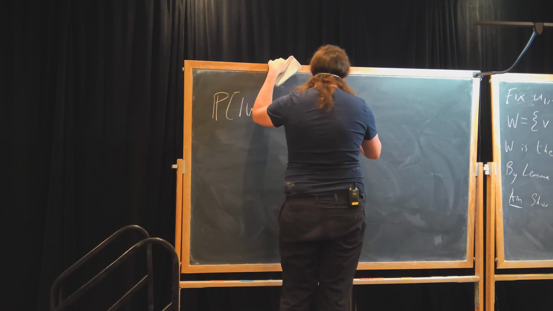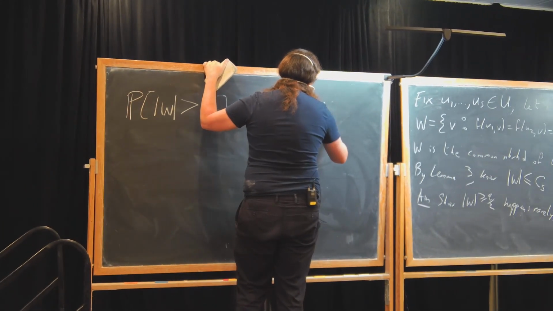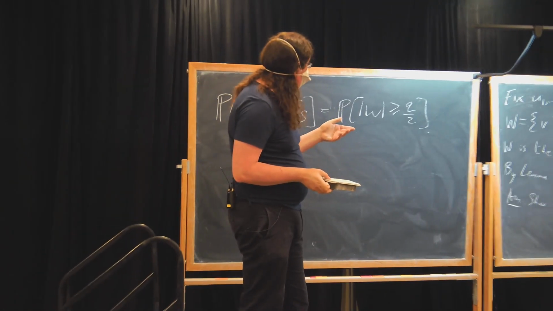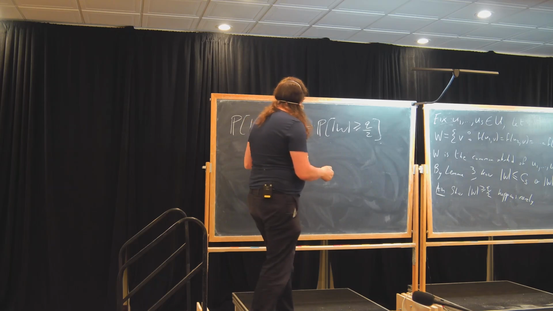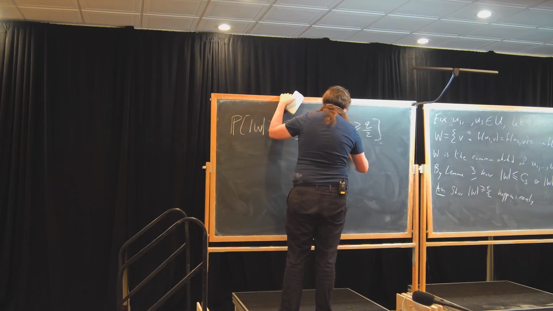So this probability is just, we can raise both sides to the power of r, it becomes the same. So it's the probability of this.